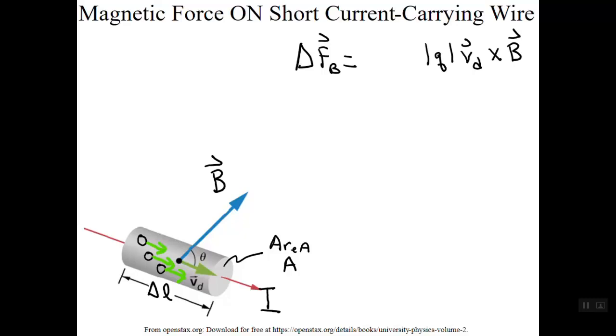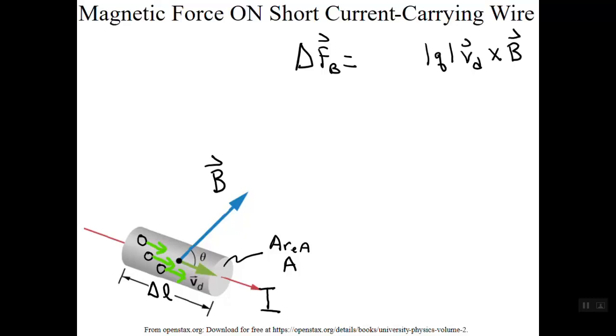Now we know that a single charge in the wire's current contributes a force of vector V sub D, the drift velocity, cross vector B times the magnitude of the single charge.